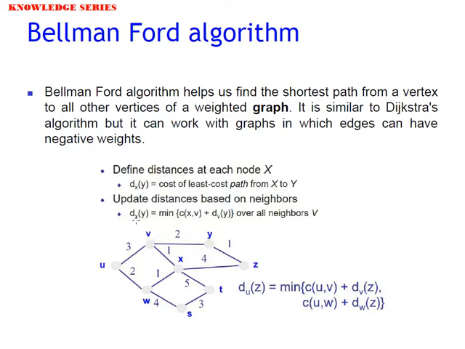Now if you try to see here, there are two things you can see. It defines the distance at each node X. That means at every node you will be able to find the neighboring distance.